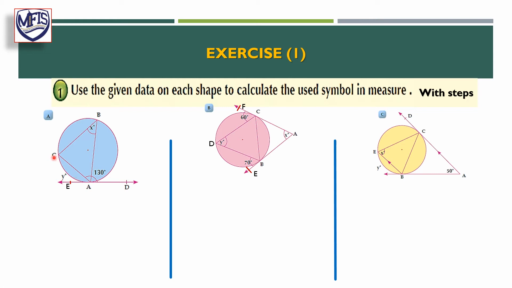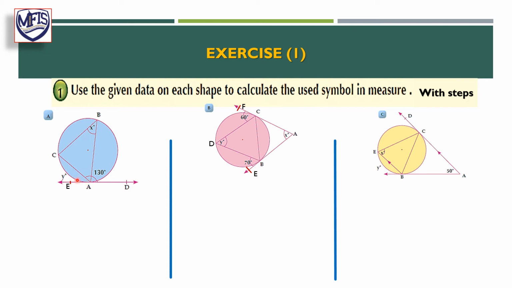Look at angle CAE. CAE here is an angle of tangency. Why? Because straight line AD is a tangent of the circle, and CA is a chord of this circle. Now, measure angle CAE equals measure angle B. Angle B is an inscribed angle subtended by the same arc, arc AC.